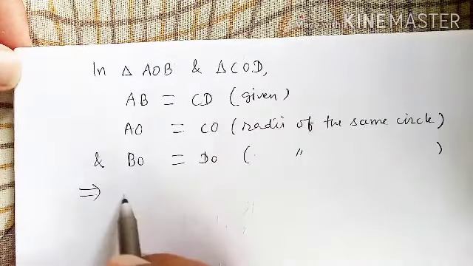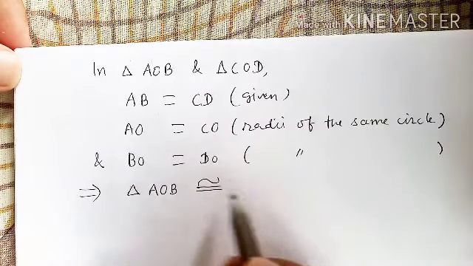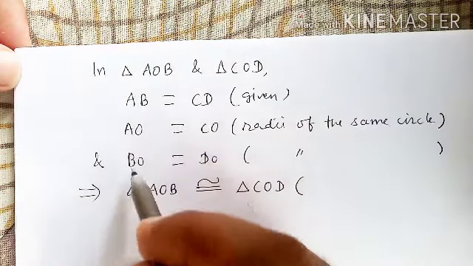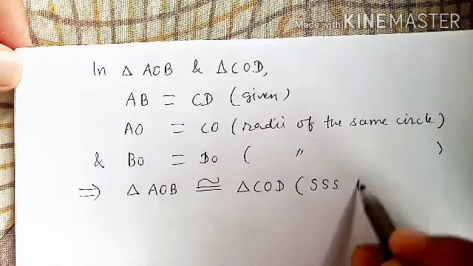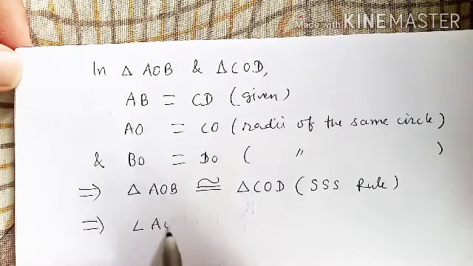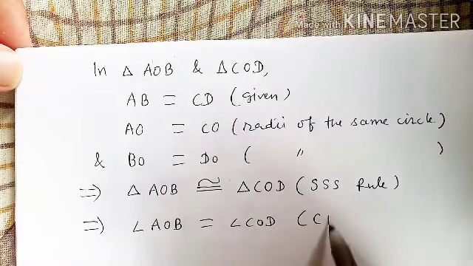This implies that triangle AOB is congruent to triangle COD by the side-side-side rule. This implies that angle AOB is equal to angle COD by CPCT.